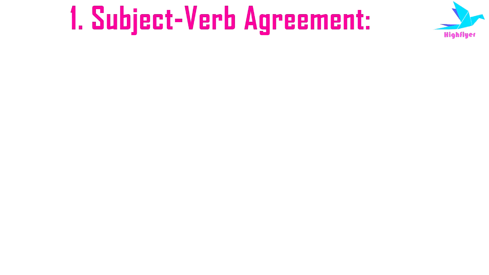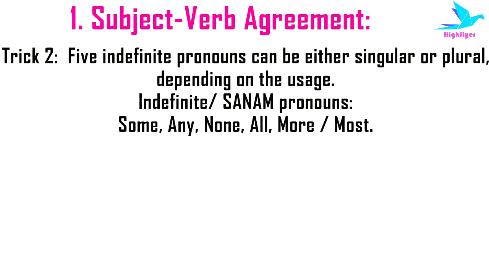Then the next trick, which says some indefinite pronouns can be either singular or plural depending on the usage. These pronouns are some, any, none, all, more, most. Now these pronouns can be treated either as singular or plural depending on their usage.